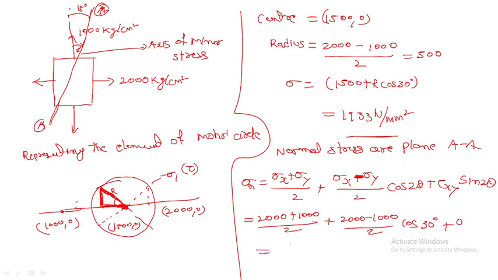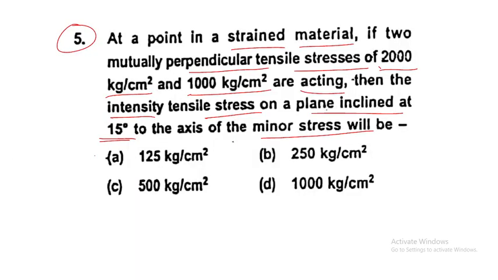So the value now is 1933 Newton per millimeter square, which is the answer for the question. So what is the actual answer? None of the above, because the value is not given among the options. So the option is none of the above.